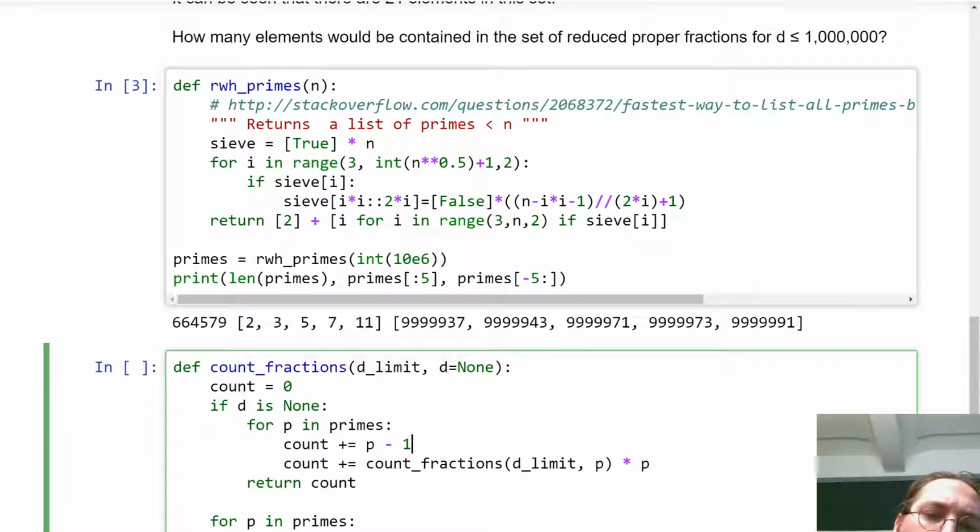Should be left 4. Is it true? 1, 2 is not possible, 3, 4, 5, 6, no, 7, 8, no, and 9. 4 left.